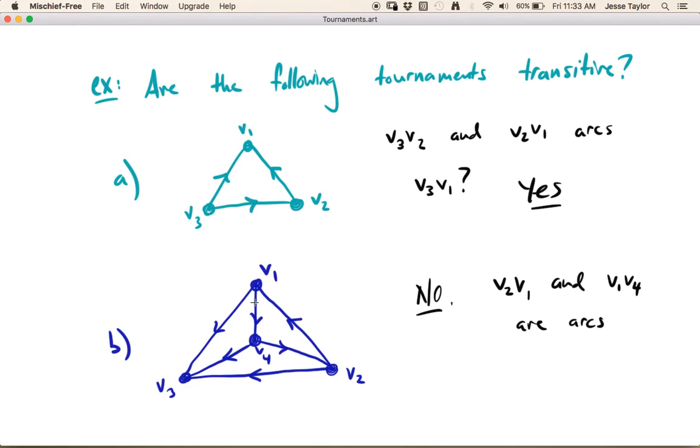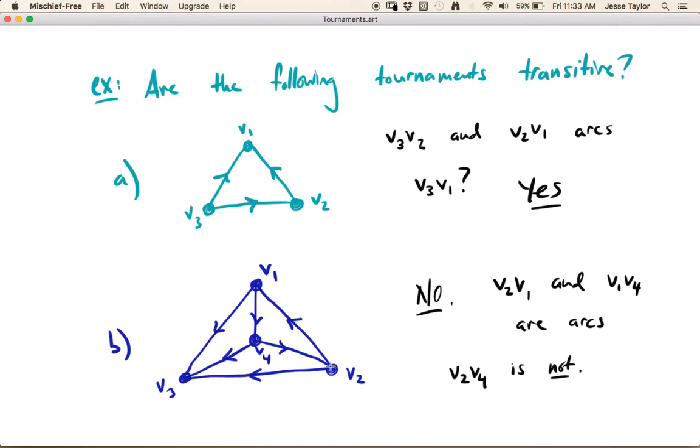V2, V1, V1, V4. But V2, V4 is not, and that's not okay, right? So if we go from V2 to 1 to 4, then V2, V4 is supposed to be an arc, but here in our tournament, V4, V2 is an arc. So that's pointing the wrong direction.